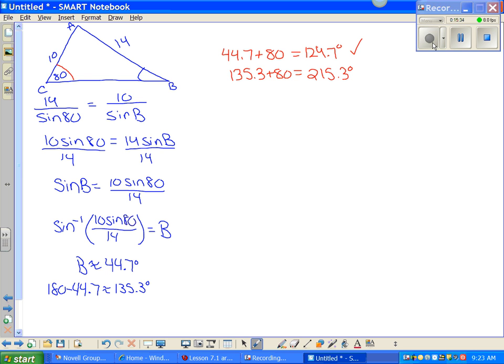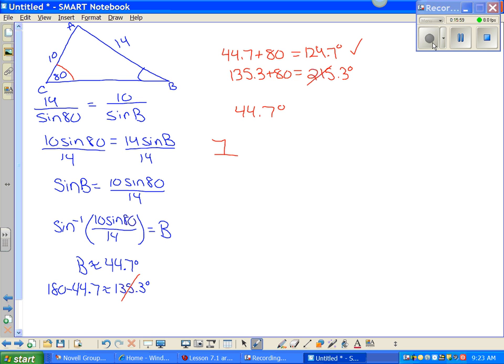So, do you have room for a third angle? What's happened? No, it's not an obtuse. I've exceeded, right? Can I have this happen? No, so this actually gets rejected. Why? It's not a possibility, right? So my only answer is going to be 44.7 degrees.